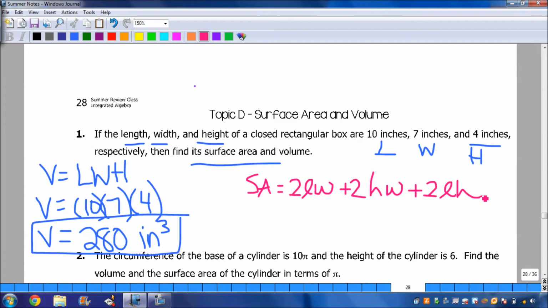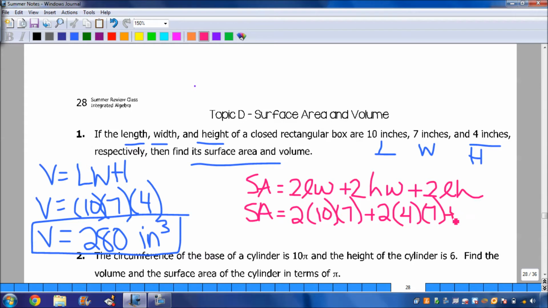Okay, so all I'm going to do is 2 times 10 times 7 plus 2 times 4 times 7, I'm just plugging in all my information, plus 2 times 10 times 4. Okay, so when I multiply all of those values together, I end up getting an answer of 276 inches squared.